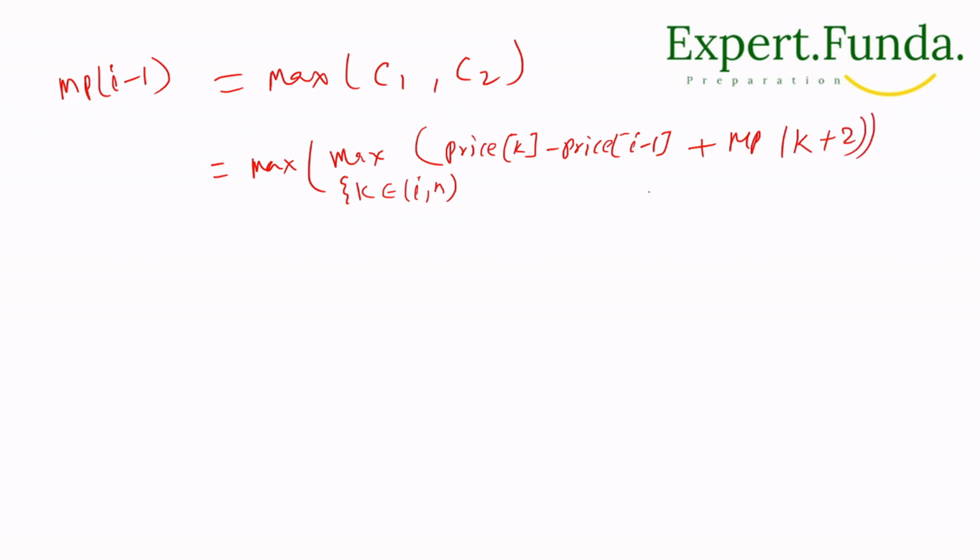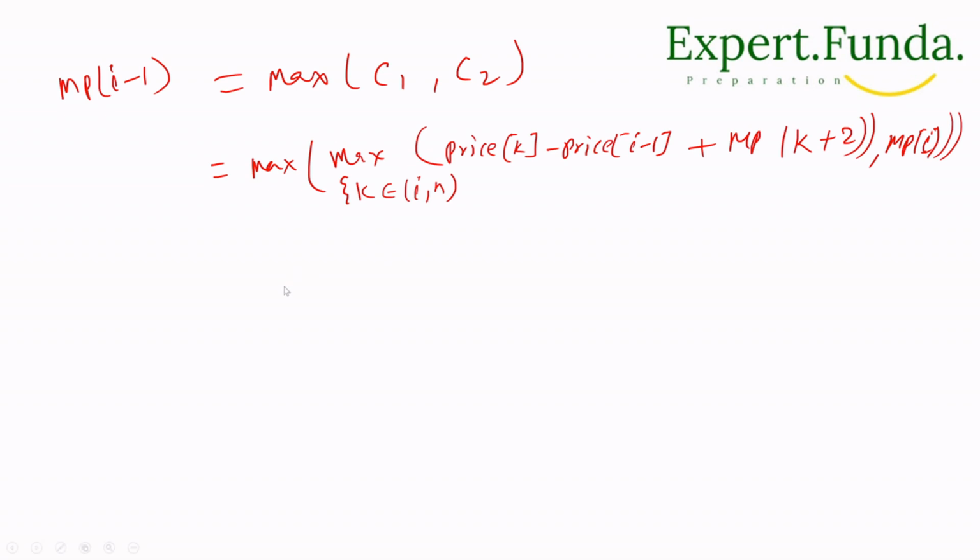This is our C1, and C2 is nothing but MP of I. Whichever is max will come to our MP of I.